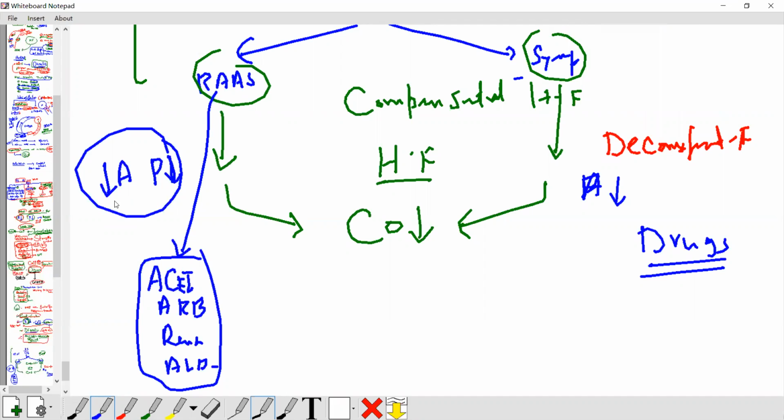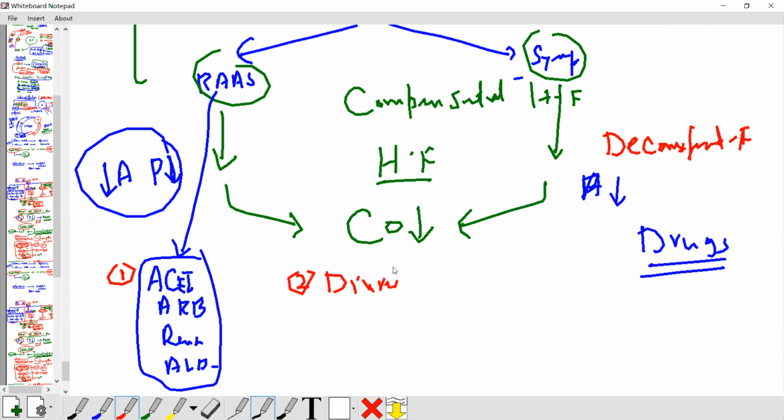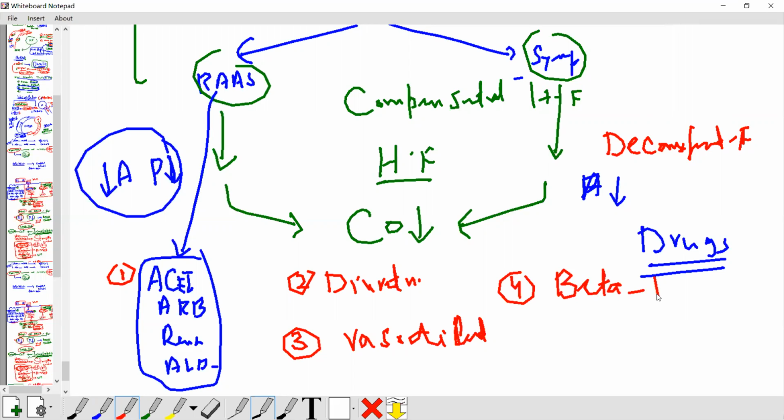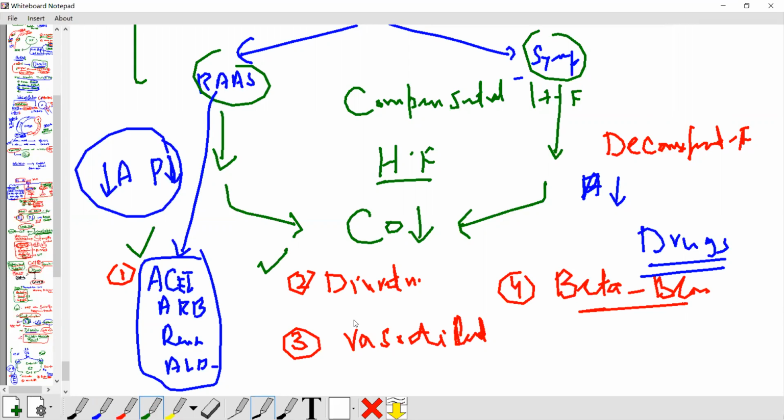The second group we use is diuretics. The third group we use is vasodilators, and the fourth one is beta blockers. We start therapy from RAS blockers, then go for diuretics, then vasodilators, then beta blockers.